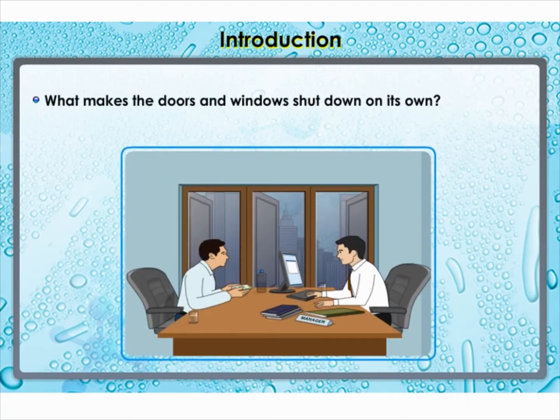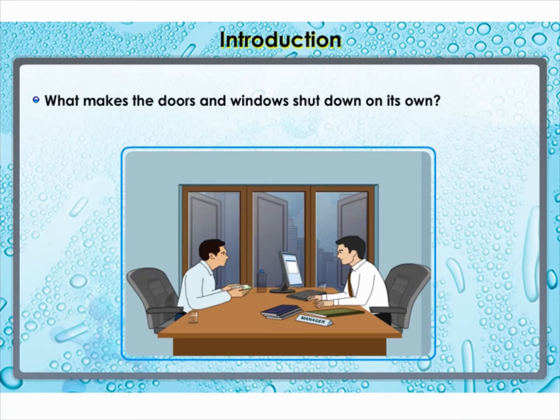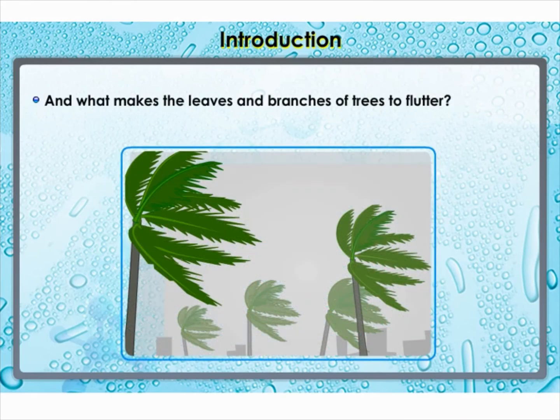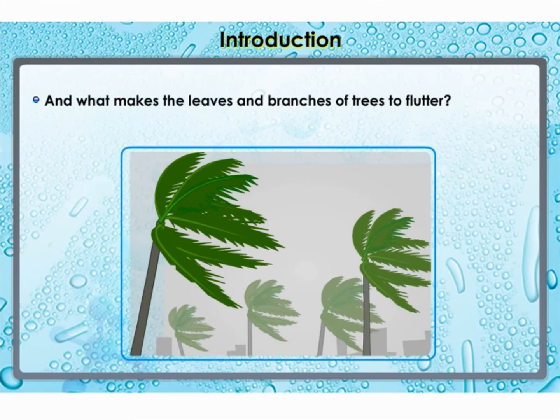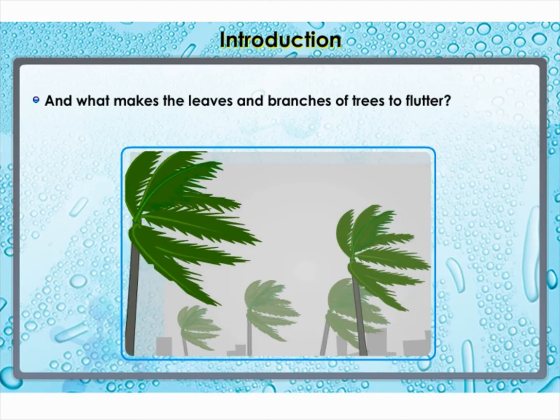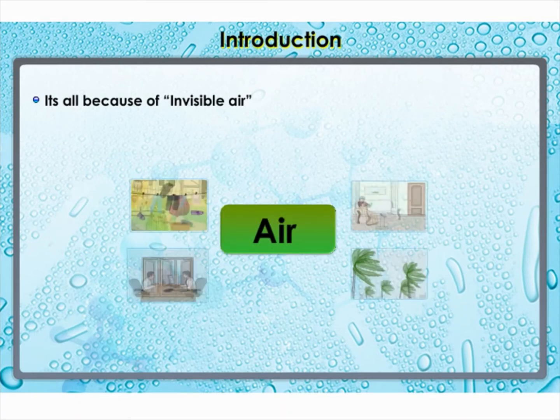What makes the doors and windows shut down on its own? And what makes the leaves and branches of trees to flutter? It's all because of invisible air. Let us see more about air in this lesson.